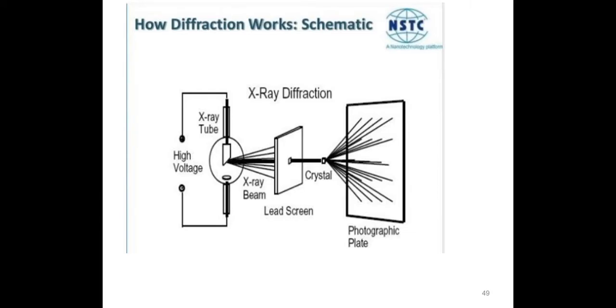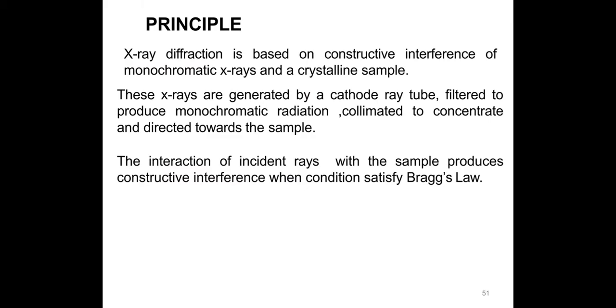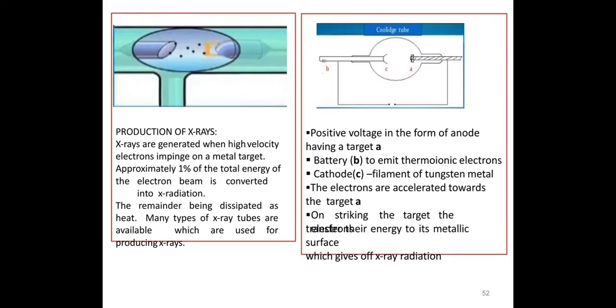Now, how does diffraction, or we can say XRD, work? X-rays are generated by a cathode ray tube. It is filtered to produce monochromatic radiation. Then it is concentrated and directed towards the sample.